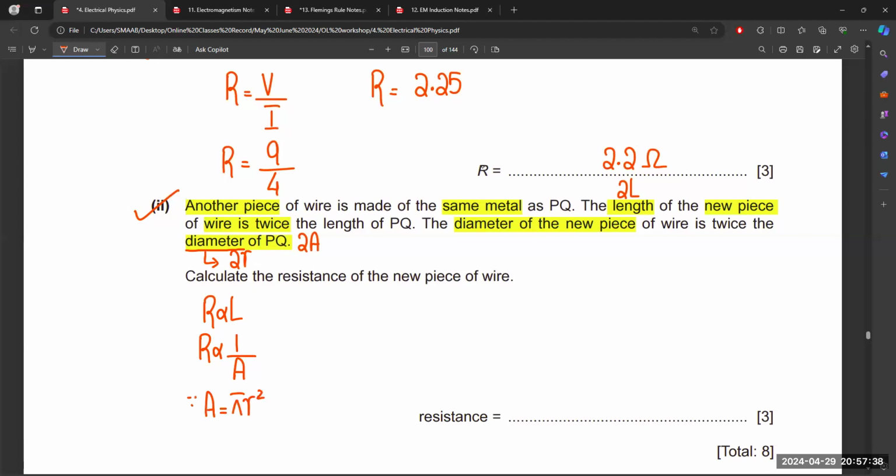So for r square, if diameter is twice, the radius will be 2, and 2 squared is 4. Length upon area will be 2 times length over 4.